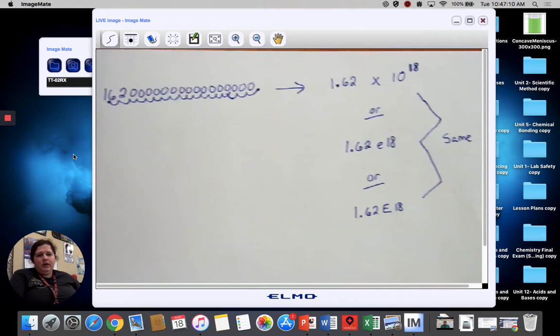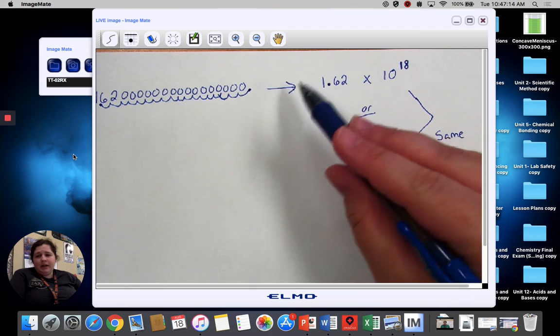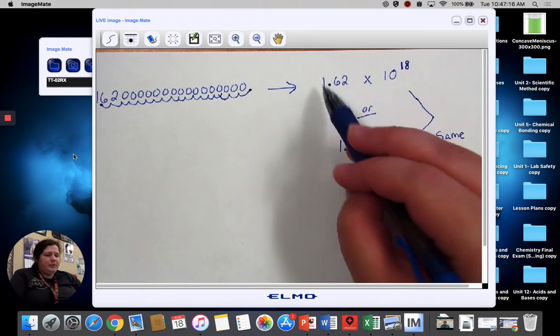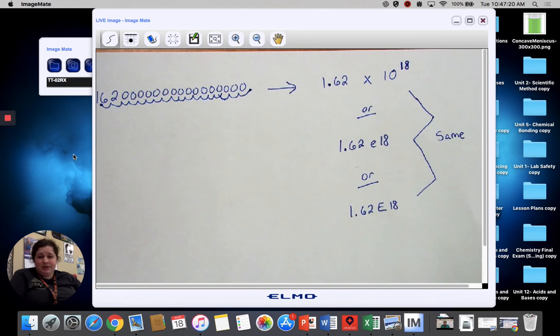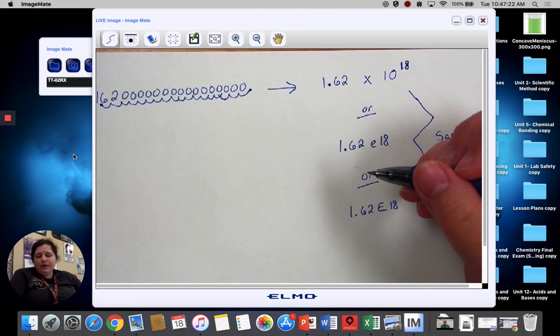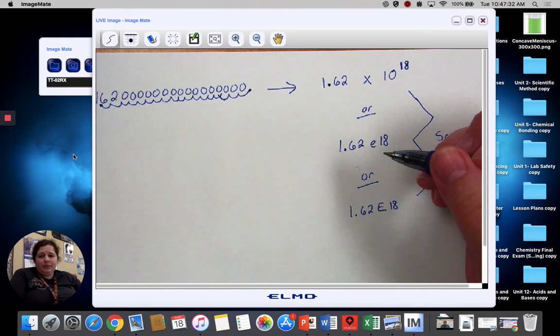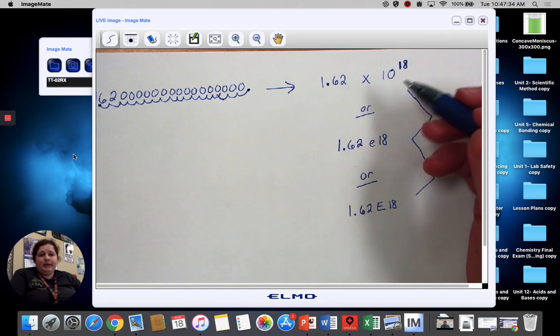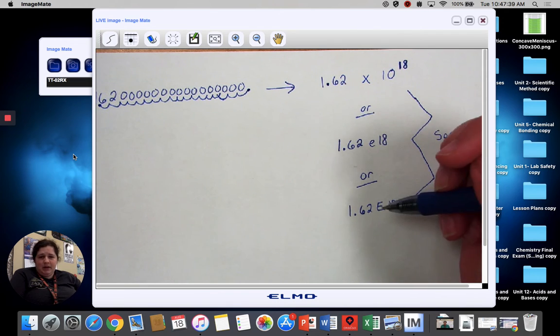Okay, the difference is if you are writing it by hand, I would much prefer this first method, 1.62 times 10 to the power of 18. It's much cleaner, it's much easier to see. If you are typing it out on the computer, though, especially if you're on Google Classroom or something like that, it is almost impossible to put in an exponent like this. So that's where the E came in.